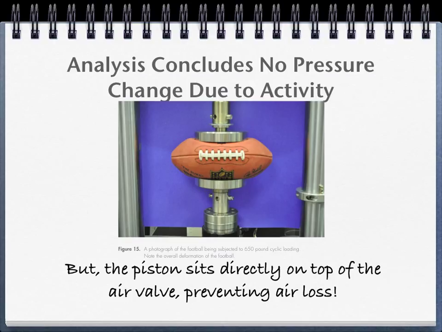And the report concludes that there was no change in pressure. My observation is the piston is sitting directly on top of the air valve. And so the piston would have prevented air loss if air loss in other circumstances would have occurred.